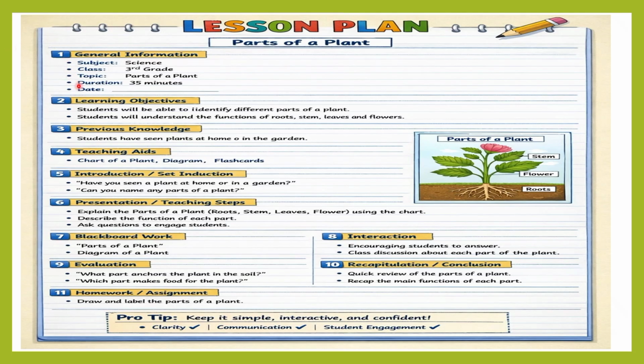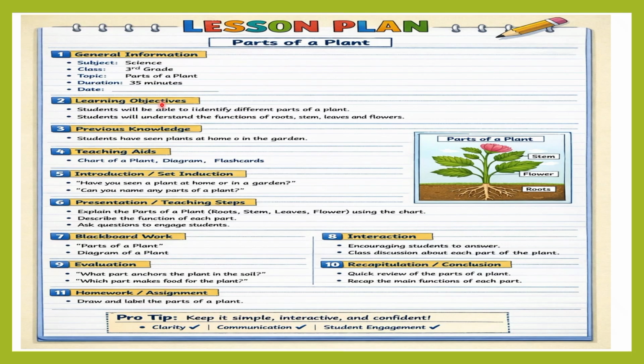So here the main components or parts of a lesson plan that a lesson plan must include are general information, learning objectives, previous knowledge, teaching aids, then your introduction, or we can say set induction, presentation, teaching steps, blackboard work, what the teacher is going to do on the blackboard, how the teacher is going to interact by asking questions or activity or whatever the teacher is doing, that will be included over here, evaluation, and then recapitulation, and then home assignment.